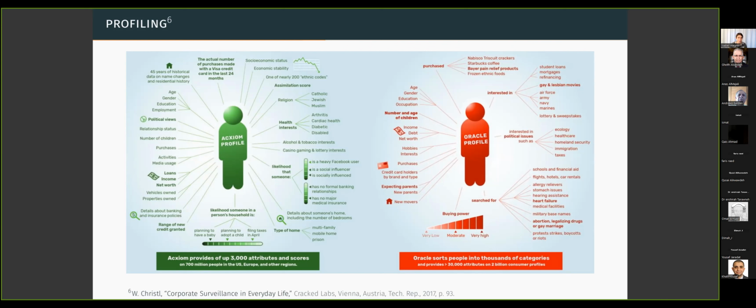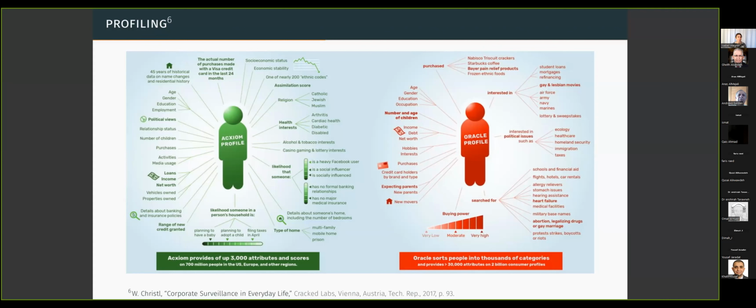So on the Acxiom side, there are health interests, phrased as interests, because maybe they don't know for sure that the user has diabetes just because they Googled diabetes-related search terms many times, but they know that maybe, if not the user themselves, maybe someone in their circle of relationships.